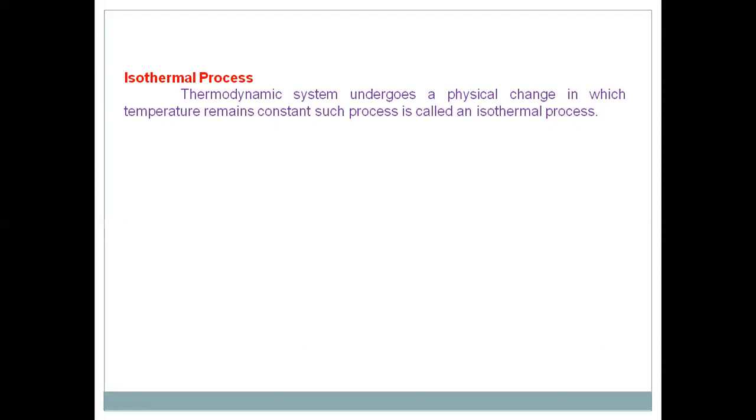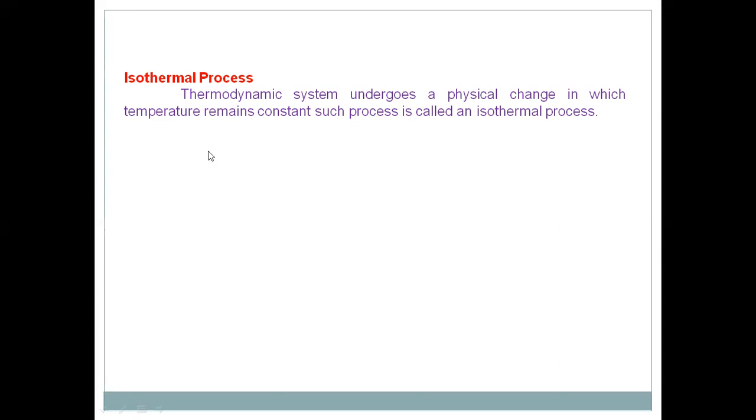The system may receive heat from the surroundings or give heat to the surroundings, so that it maintains a constant temperature. So a thermodynamic system which undergoes a physical change in which temperature remains constant, such a process is called an isothermal process.